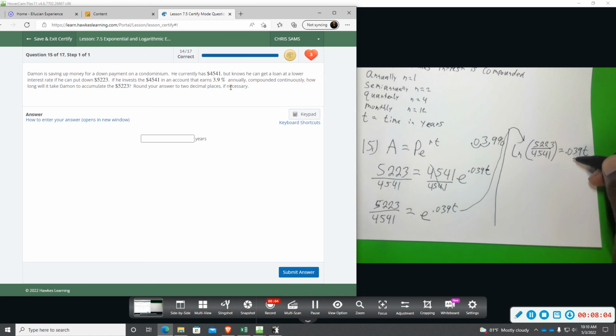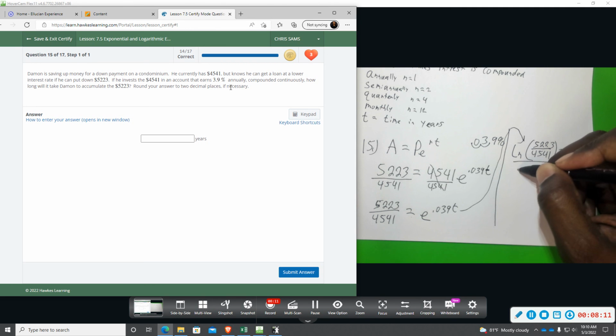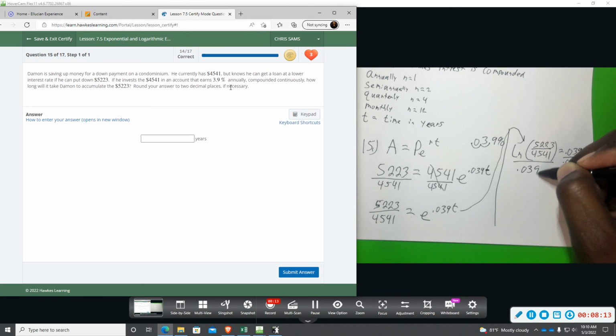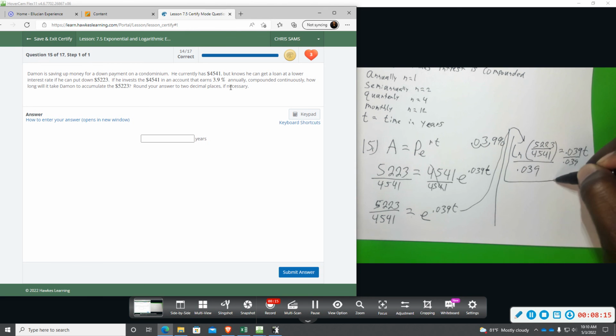To get T by itself, we're going to divide by the 0.039. So this is the answer that's going to tell me how many years, because that's going to divide out. So T equals all of this, and we're going to need the calculator to solve that for us.